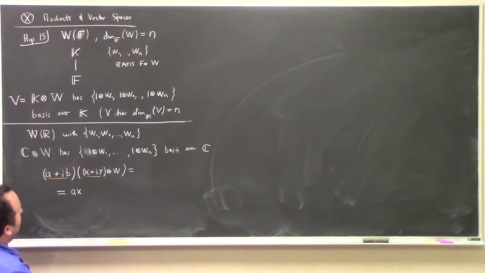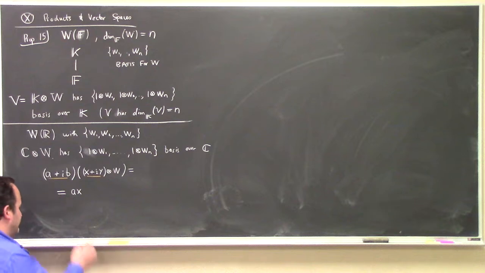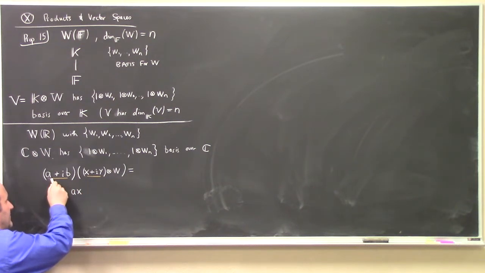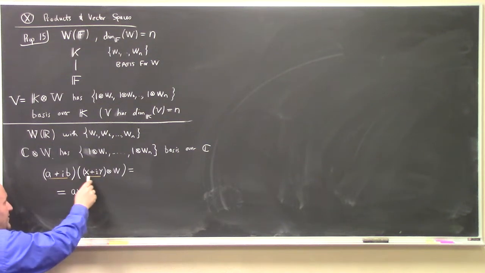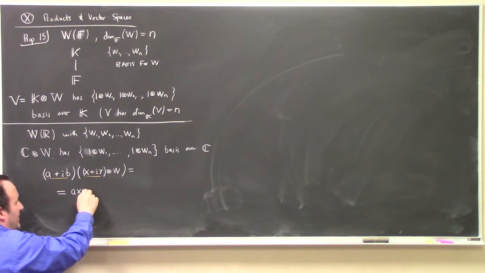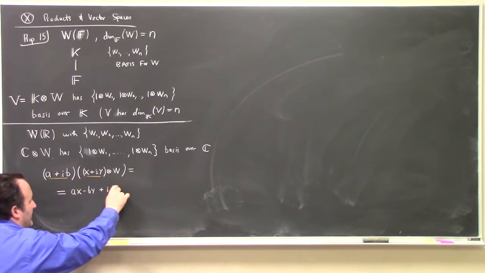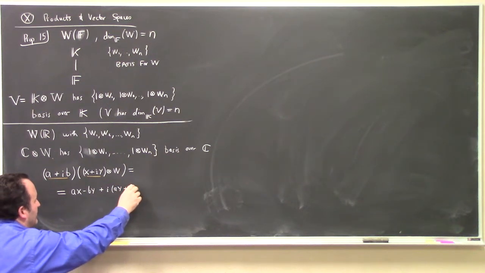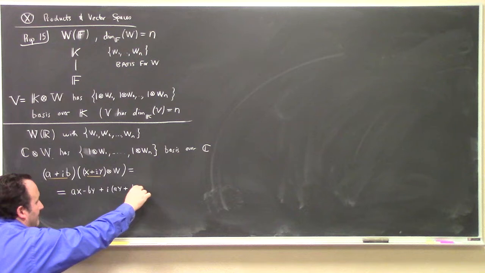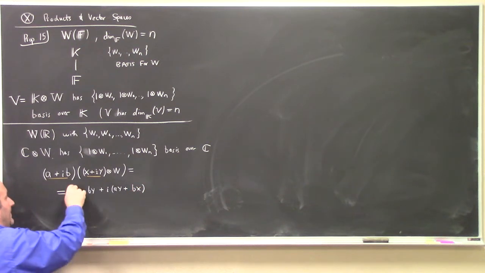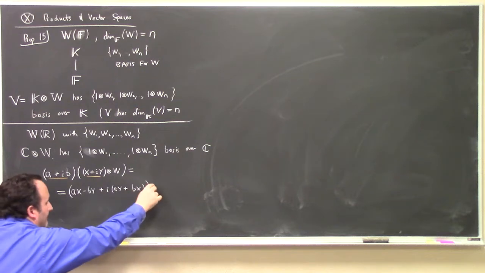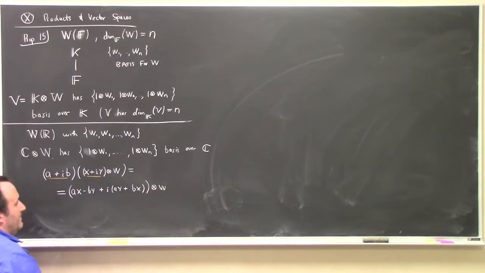I'm not sure I'm really using the properties of tensor products right now as much as I'm defining scalar multiplication on C tensor W. Well, anyway, let me not think too much. Thinking will get me into trouble here. So: (ax minus by) plus i times (ay plus bx), all tensor w.